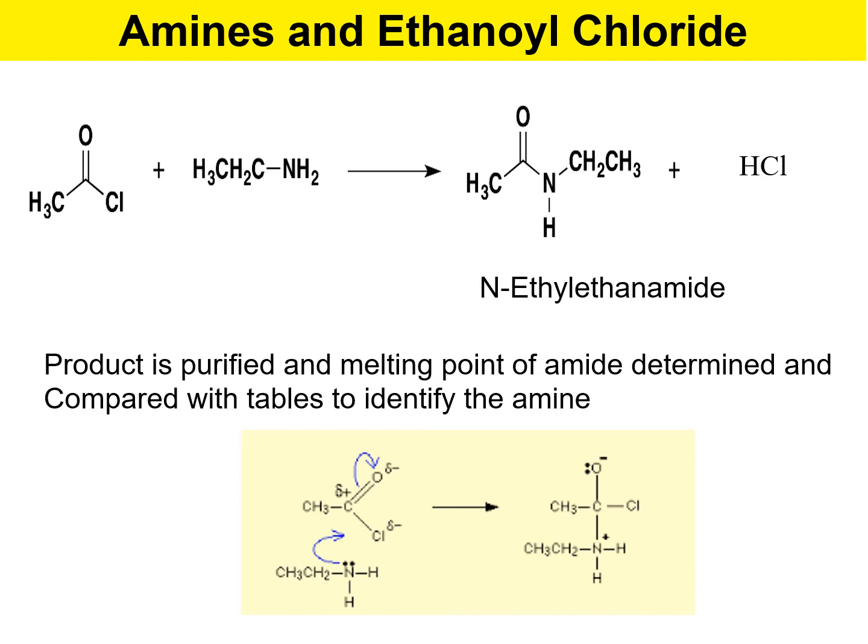Acyl chlorides are a lot more reactive and the reaction with an amine is very vigorous and hydrogen chloride is given off. The main reason for carrying out this type of reaction is to produce a derivative, in this case N-ethylethanamide. This product is purified and its melting point is found. We can then compare that melting point with tabular data, which will allow us to identify the amine that was used.